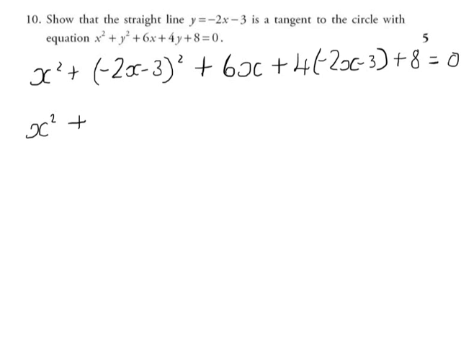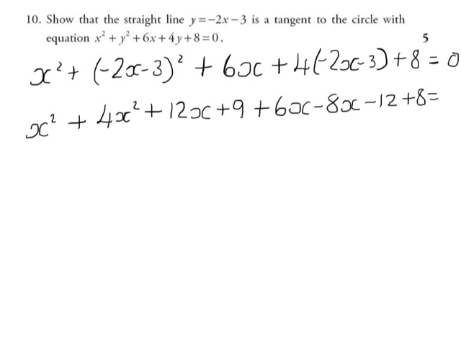So square out this bracket, I'm getting 4x squared plus 12x plus 9 plus 6x minus 8x minus 12 plus 8 equals 0. Gather together all my like terms. I've got 5x squared, 12x plus 6x is 18x, take away 8x is 10x.